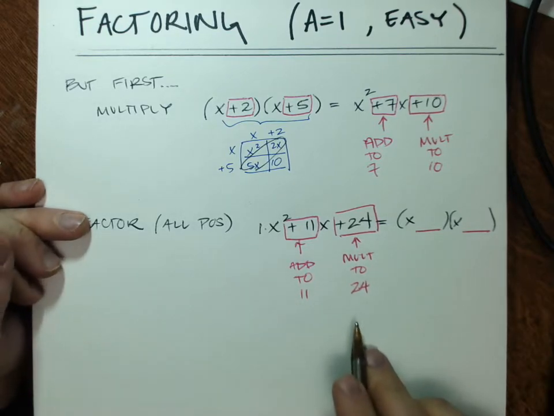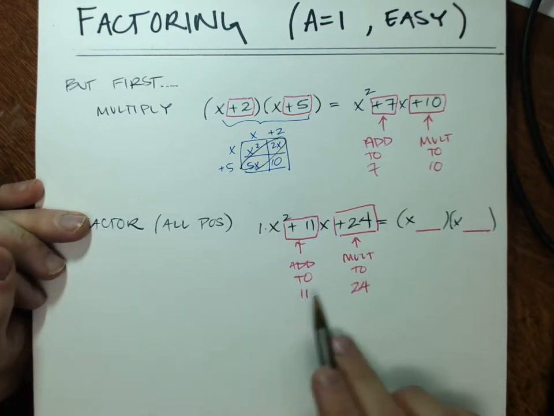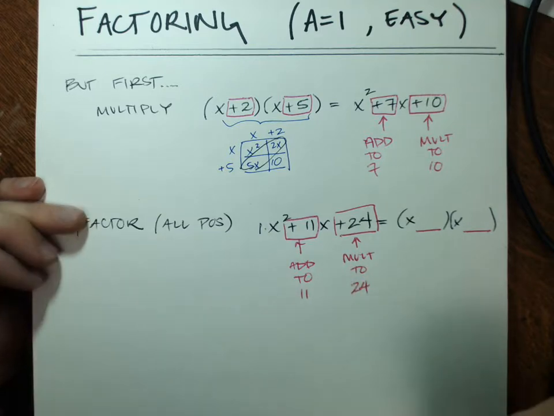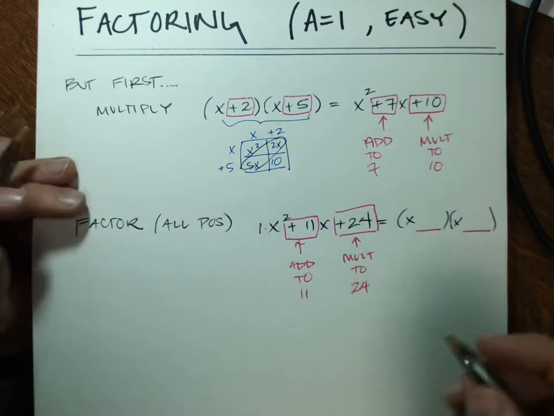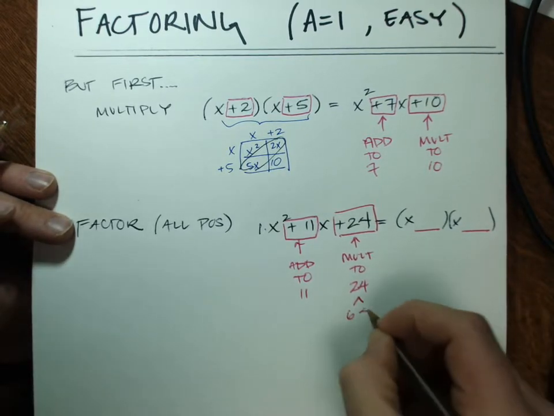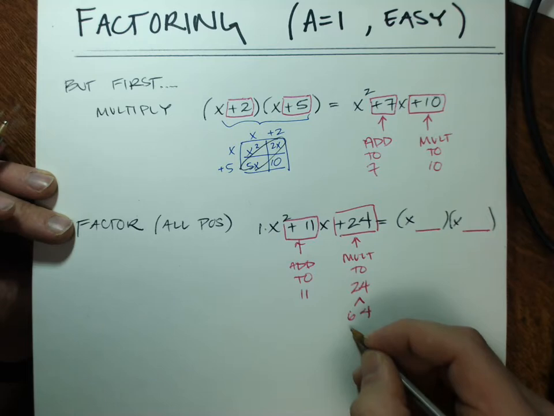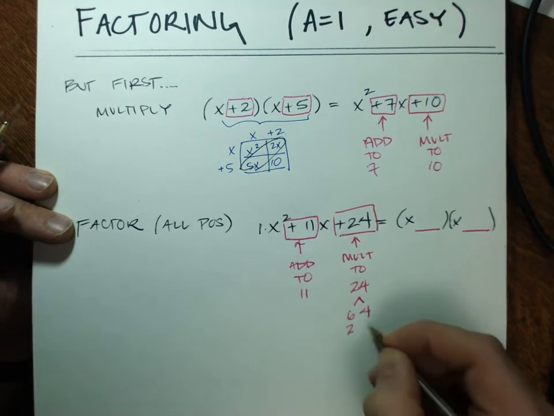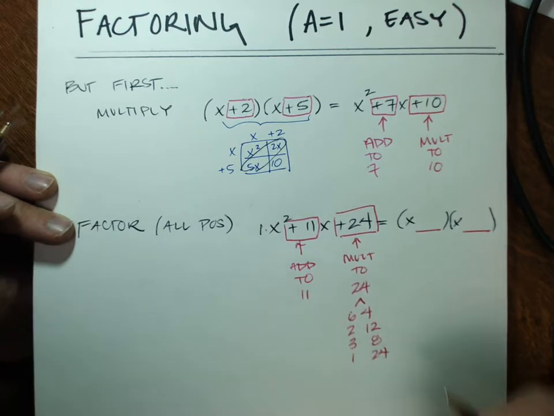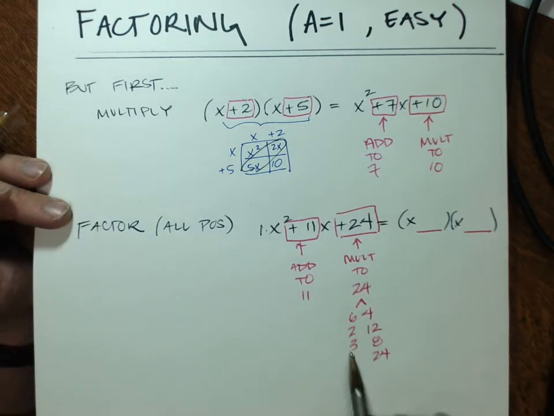And the things that multiply to positive 24, if you can kind of look at this and see already what the two numbers are here, we can break the 24 apart. 24 is the same as 6 times 4, or it could be 2 times 12, or 3 times 8, or suppose 1 times 24. And those are the only possibilities.